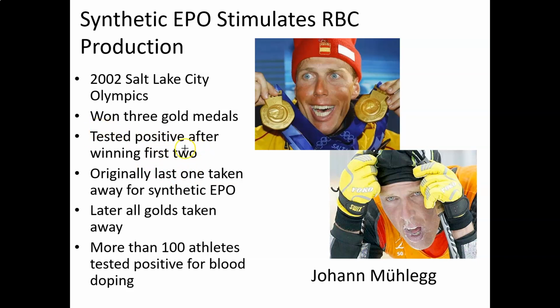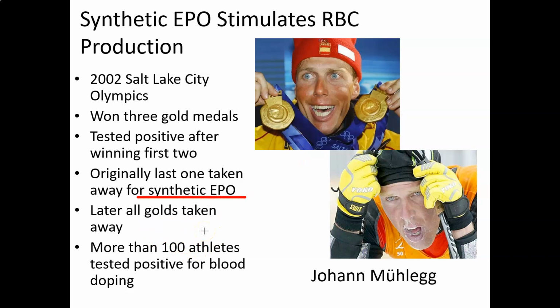In the first 2 gold medals, he was fine, but for the 3rd gold medal, he was actually taking synthetic erythropoietin. And so there was this big controversy because they said, well, if he cheated, even if he was only shown to cheat the one time, shouldn't we take all 3 gold medals away? And eventually they took all the gold medals away from him for cheating.